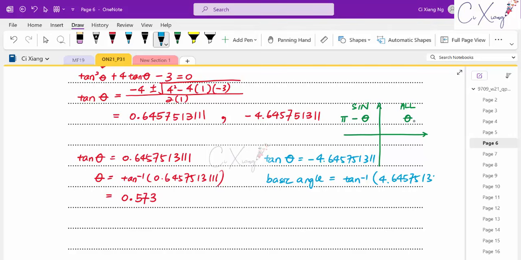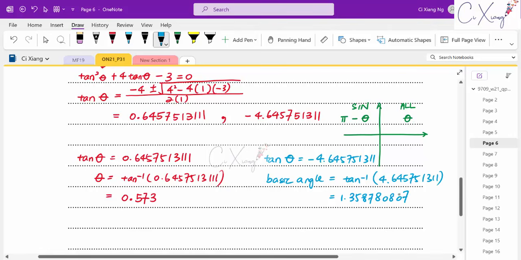Okay, then my basic angle is 1.358780807. Again, I will keep all my values as long as possible so that the final answer that I get later is the most accurate one.